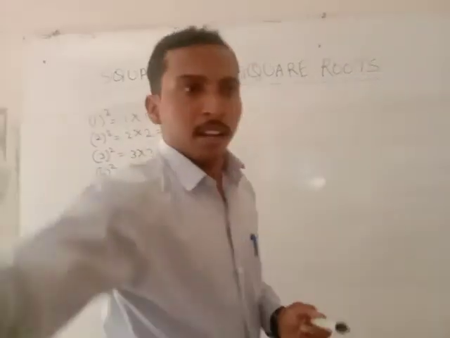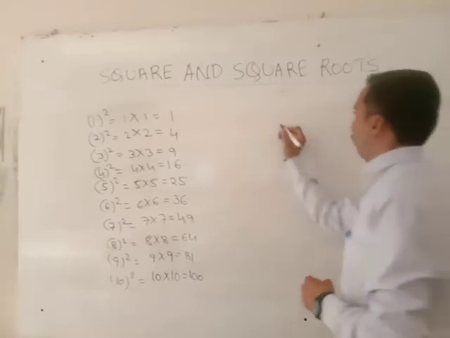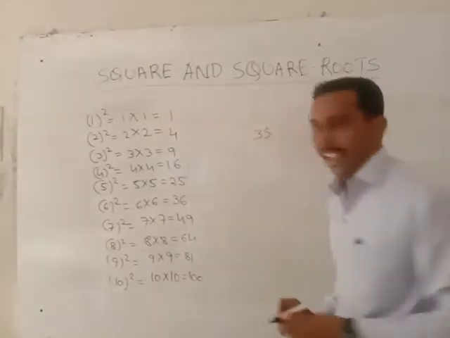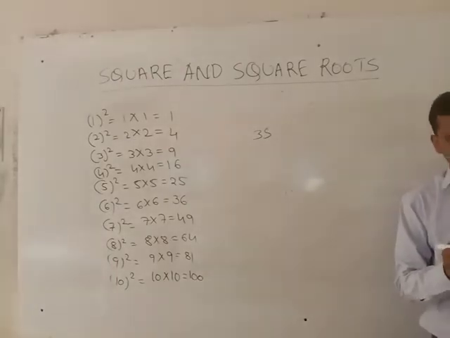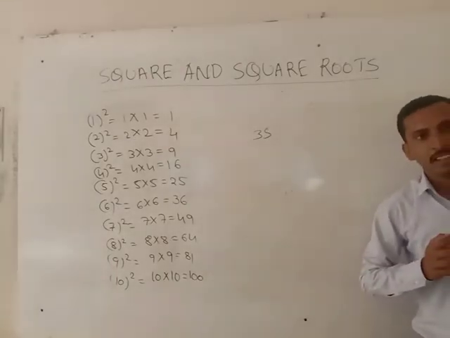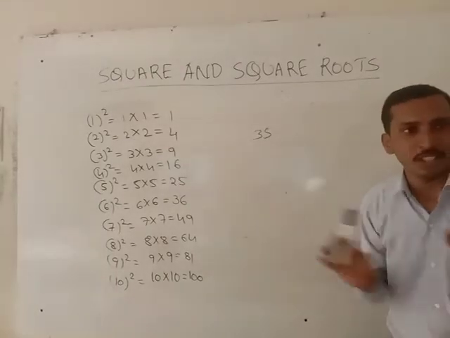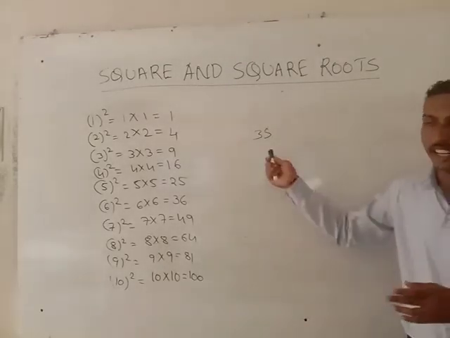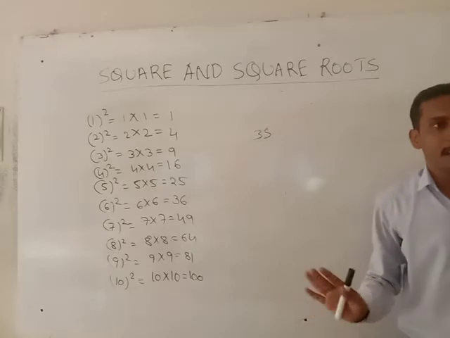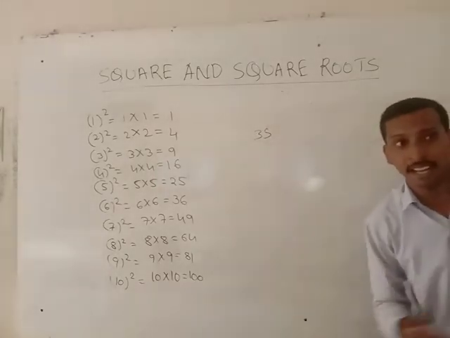Now, if I ask you a question, take a number 35. My question is, is 35 a square number? Students, think about whether 35 is a square number. Yes, your answer is right. It is not a square number. Why is it not a square number?